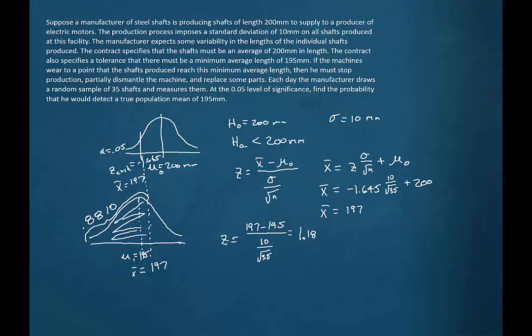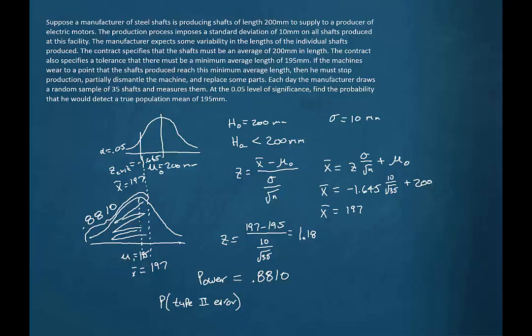Now, that probability there, the probability that we would detect a true population mean of 195 millimeters, is called the power. The power is 0.8810. Something else that we can answer from this value is the probability that we would commit a type 2 error.